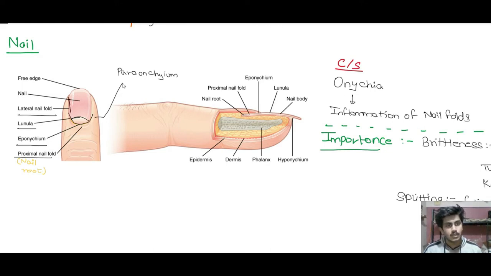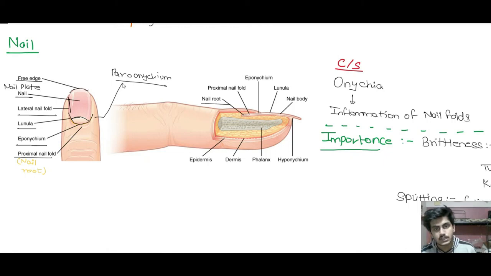The lateral nail fold is the region which forms a boundary between the skin and the nail plate. So here we have the nail, which is also known as the nail plate, and the surrounding region we call the paronychium.